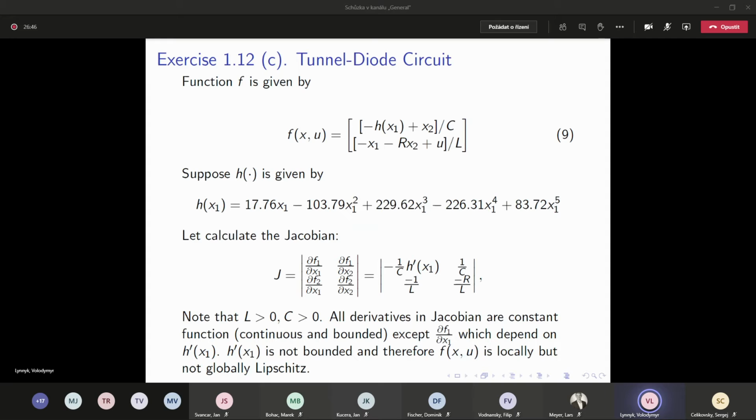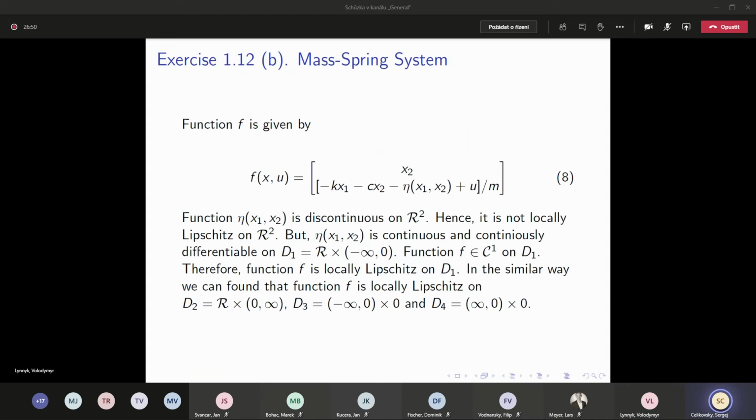Okay, maybe come back to this example. Yeah, I may comment, because one slide back, yeah. So this example is like the first example in the Khalil book in this appendix, and it is nicely explained what this term eta x1 x2 means. These are various models for more complex friction in the system.